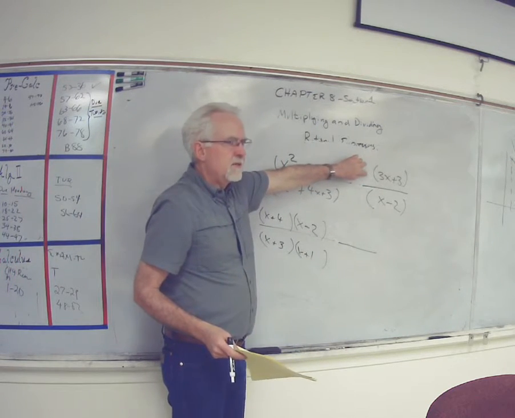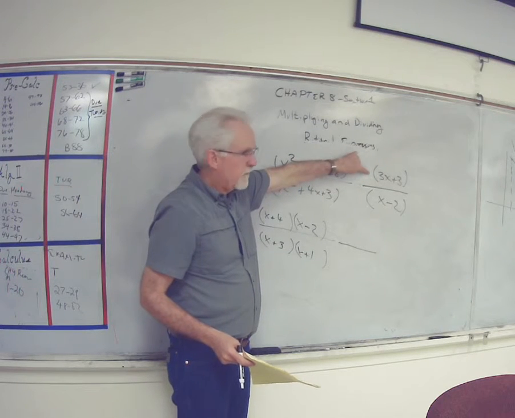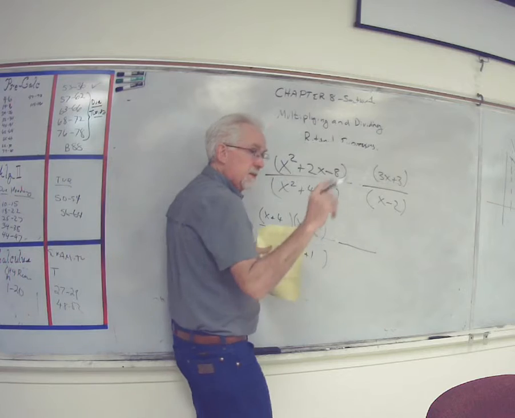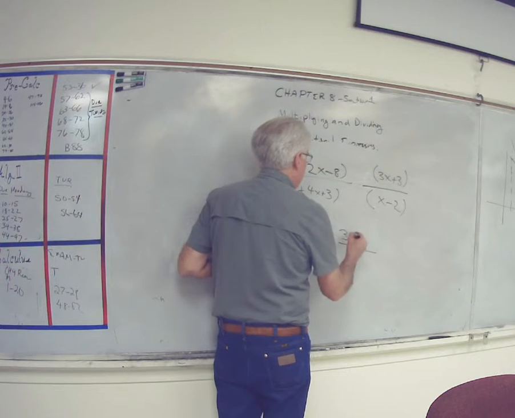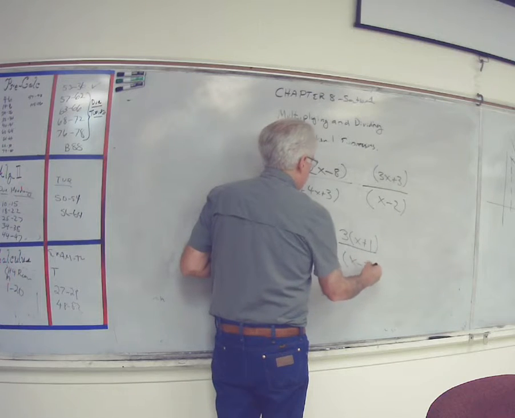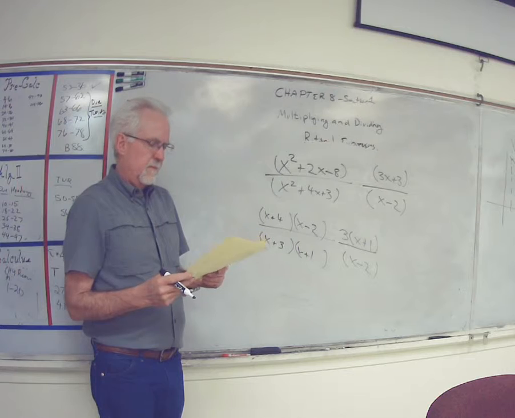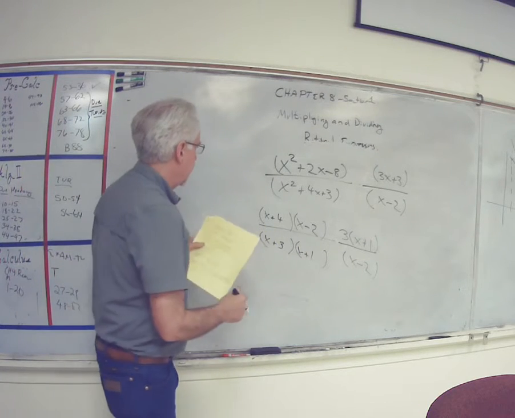Kelsey, what can I do to this term? Take a 3 out. That's what I would do. And let's say factor. Okay, factor of 3. 3 times x plus 1, and then x minus 2. And then what starts happening? A whole lot of what? Magic, right?